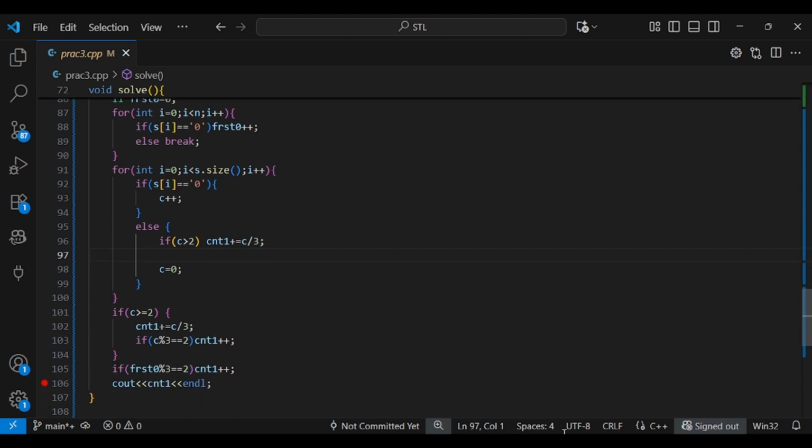And finally in the last portion we increased the total number of students by doing c by 3. This means for the last segment, the total number of zeros divided by 3, and we saw why we increase it by 1 if the total number of zeros modulus 3 is equal to 2. And for the first segment, again the same scenario: if the total number of zeros modulus 3 is 2, then we increase the total number of students by 1. So that's the answer. Thanks for watching.